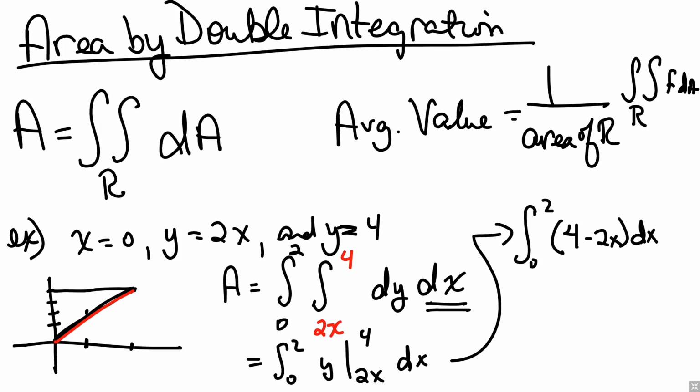If we integrate, we get 4x minus x squared, evaluated from 0 to 2. At 2, we get 8 minus 4, and at 0 it is 0. So we end up with 4. Any questions?